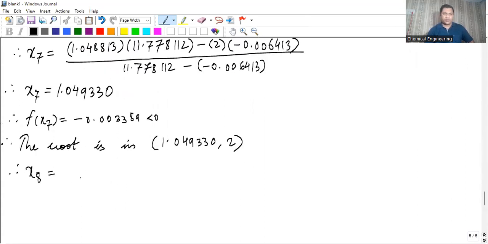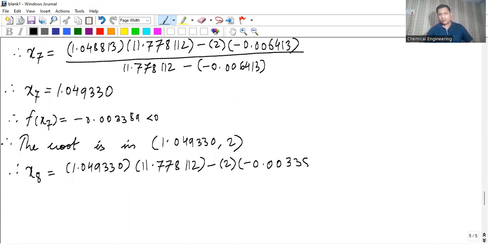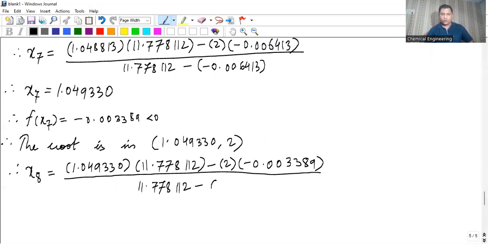Okay, so what is going to be x8? So x8 is 1.049330 minus 11.778112 into minus 0.003389, and here you can have 11.778112 minus minus 0.003389.